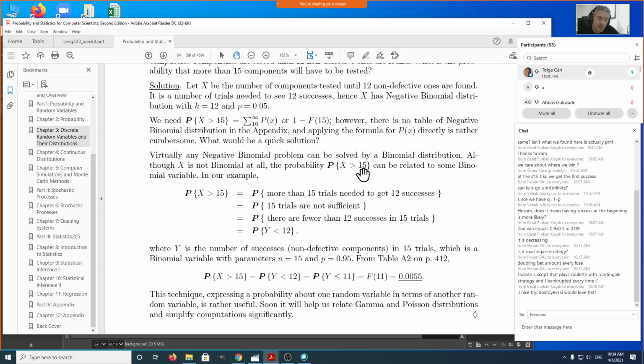The probability to obtain less than 12 successes in 15 trials is the CDF of binomial, N equal to 15, P equal to 0.95. If you look at the CDF of this, it turns out to be this number, 0.0055. So this was an example of converting one random variable to another by changing the English wording and seeing that these are the same probabilities we're looking for.